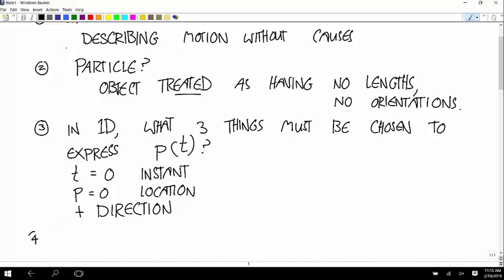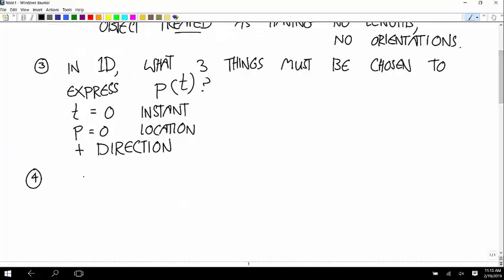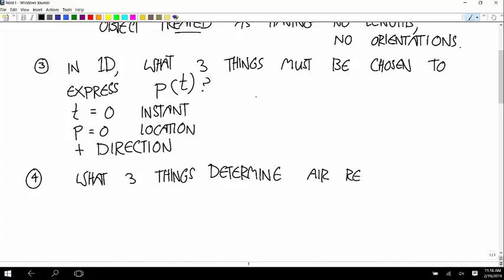Number 4, what 3 things determine the effect of air resistance on an object's motion? I'll just say determine an air resistance effect.